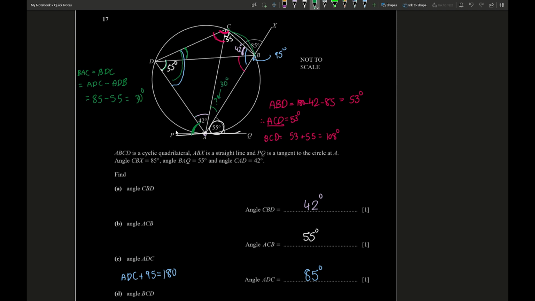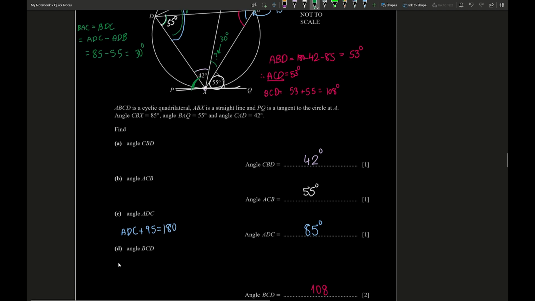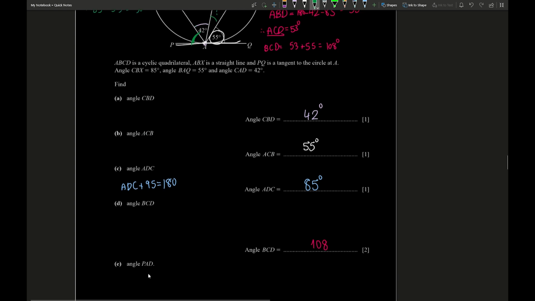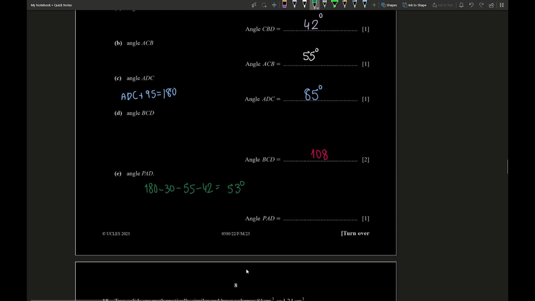Now we can finally find the angle PAD by subtracting the sum of this from 180. So angle PAD is 180 minus 30 minus 55 minus 42, which is equal to 53 degrees. Interesting.